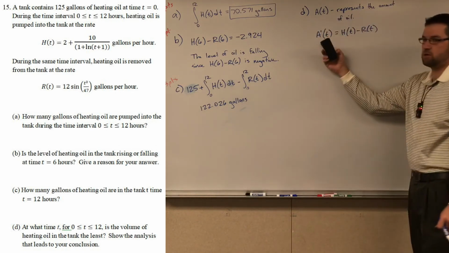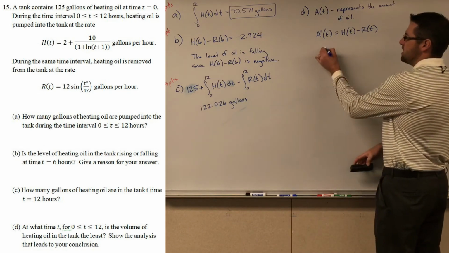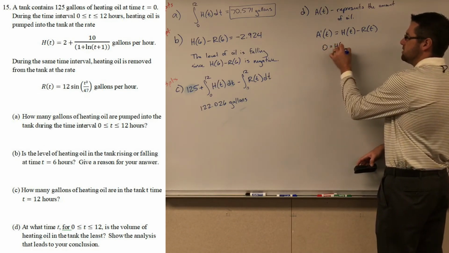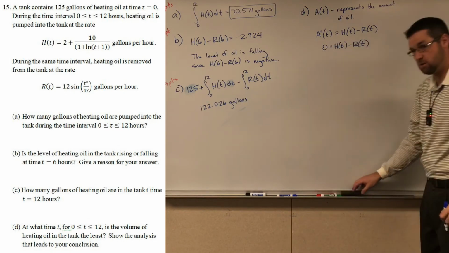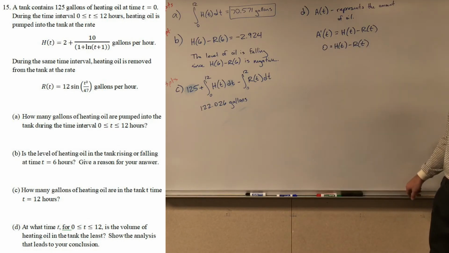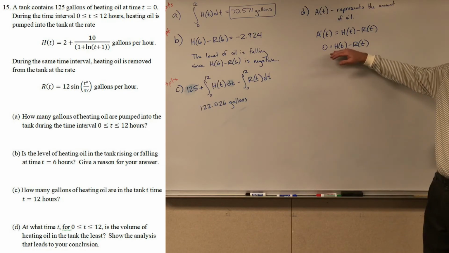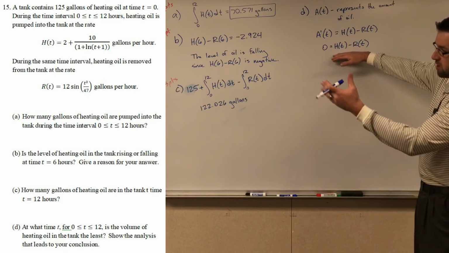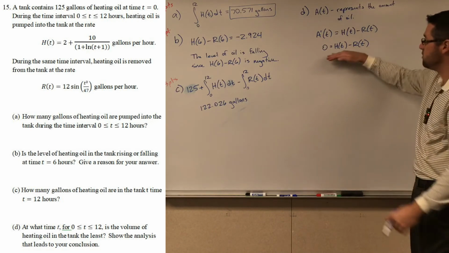What are we going to do with the derivative, though, once we find it? Set it equal to 0. So you would say 0 equals h of t minus r of t. Then what? Well, there's a couple different ways to look at this. You could type this into your y list, type in 2 plus blah, blah, blah, minus 12 sine blah, blah, blah, and that would give you this equation.